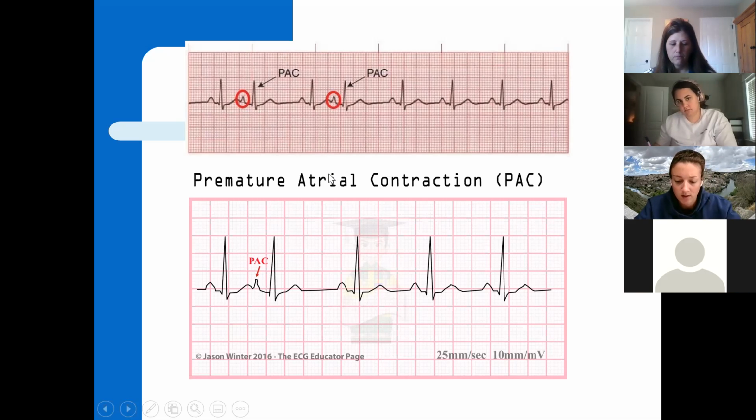Would we be doing anything for this, and would the patient be feeling anything for this? Sometimes, depending how many you have, and again, people that drink a lot of caffeine, or some of those other things, if they're exercising, if they have a fever, they might feel a little bit of fluttering, pretty high up, like maybe more toward their throat.